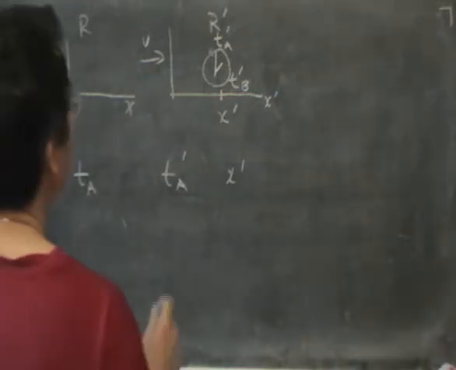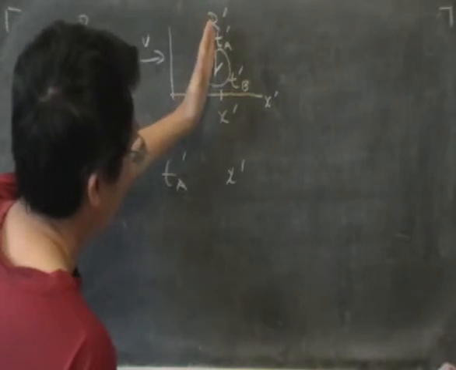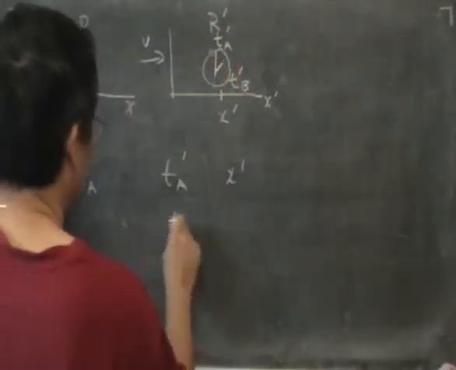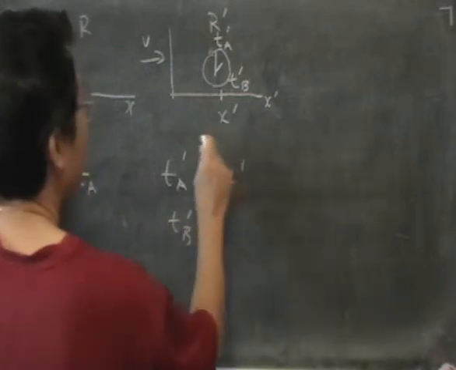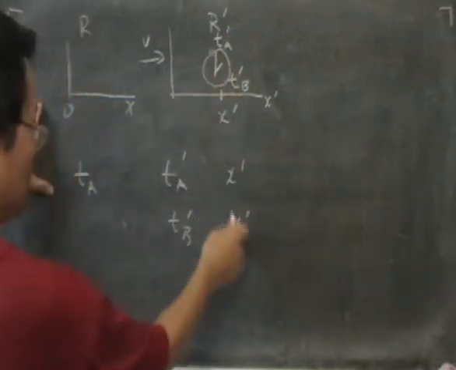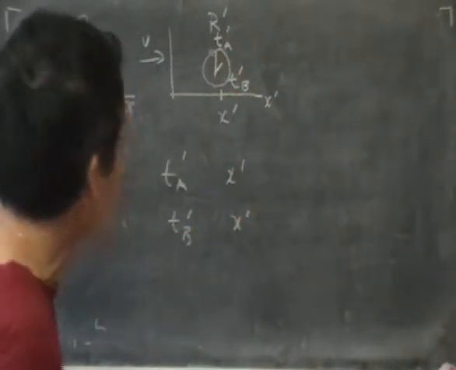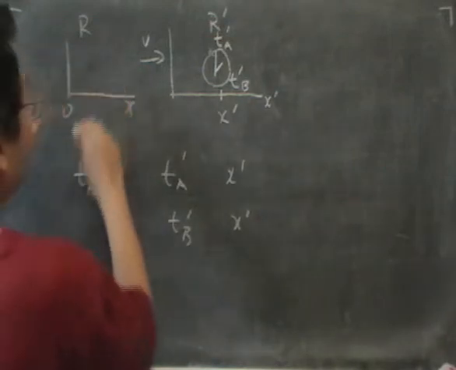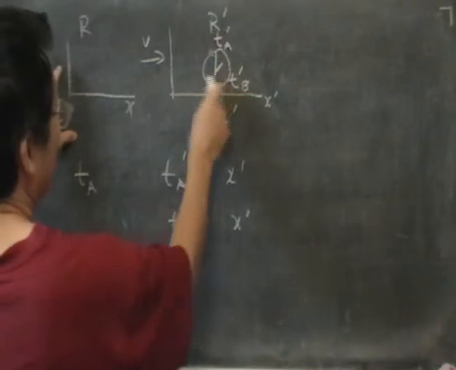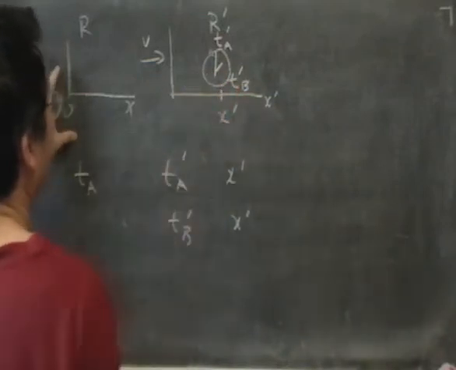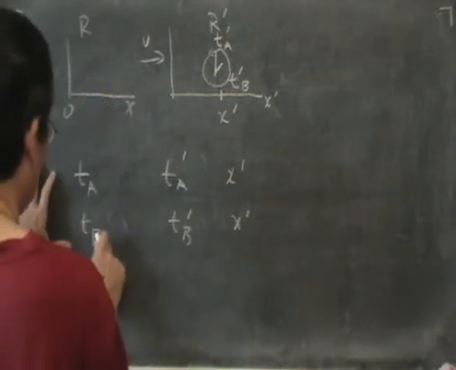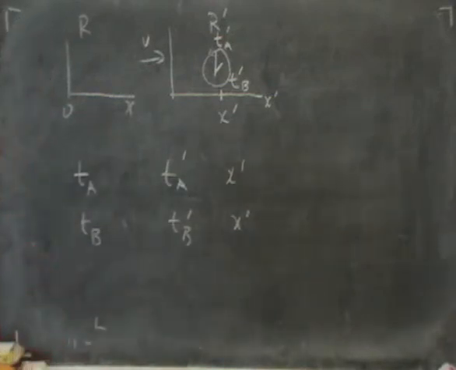Now when the hand of the clock reaches the other position, this observer measures TB prime, and the clock is still at x prime, at rest with this observer, same x prime position. But this observer, when they see that the hand of the clock has moved to that position there, looks at their own clock and records TB as the time.